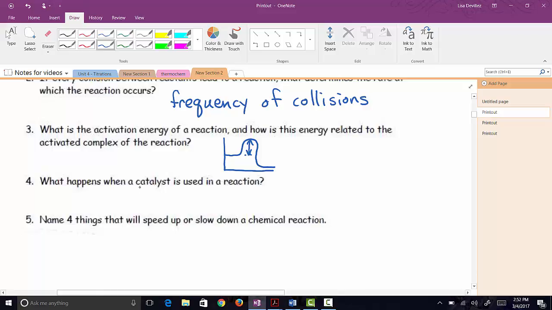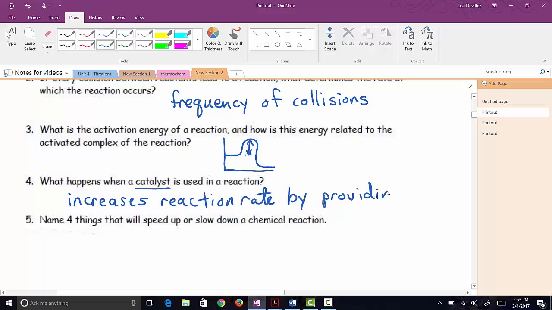We're going to talk more in detail about catalysts, which is brought up in number 4. But essentially, a catalyst increases reaction rate by providing a pathway with lower activation energy.